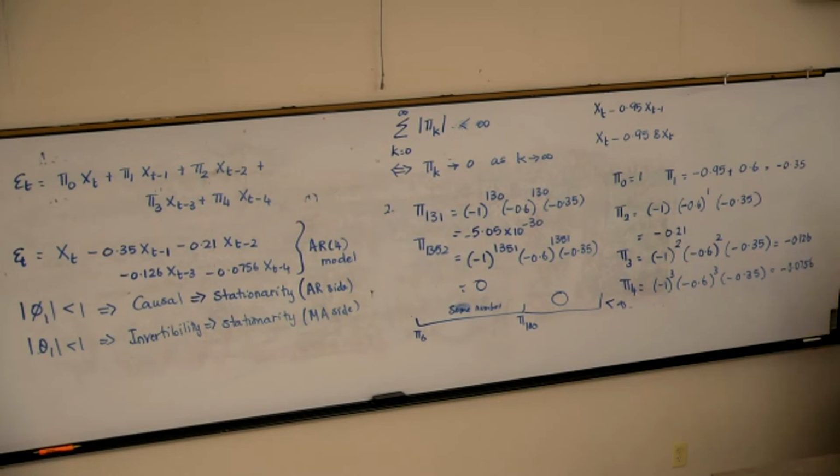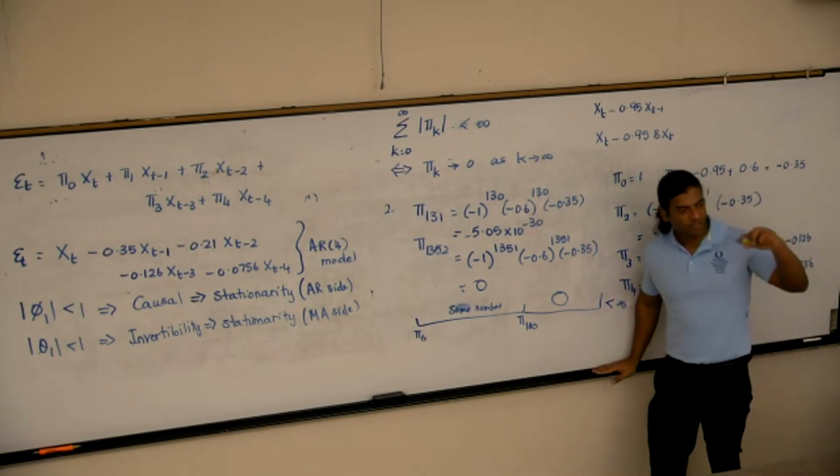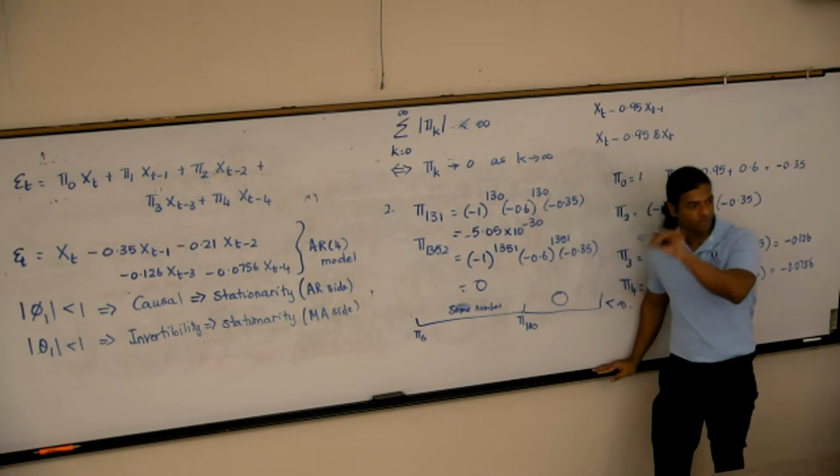If it alternates, perhaps things could get cancelled, in which case we need an alternating series test. But typically, if it keeps getting bigger, you won't get a finite number. So what we are saying here is that the pi values converge to 0.